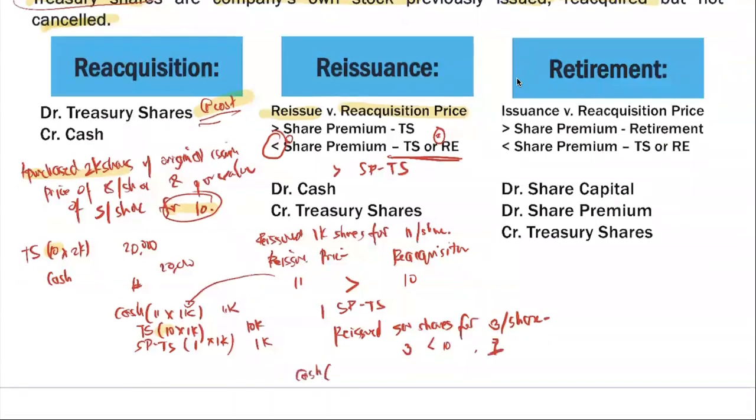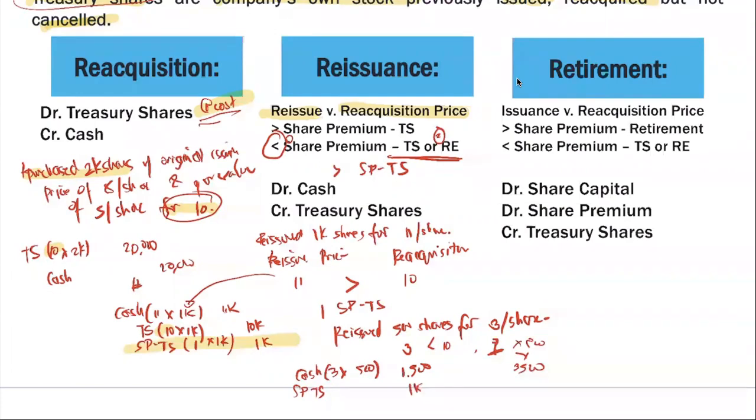First, we record the cash. The cash is 3 pesos per share, 500 shares, so 1,500. The difference goes first to share premium TS. How much is the difference? 7 times 500, so this is 3,500. How much is our share premium TS? We only have 1,000 share premium TS, so we can only reduce up to that extent.